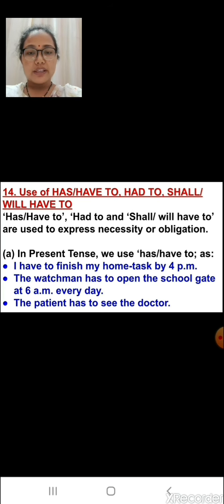I repeat again, these all modals are used to express necessity or obligation. In present tense, we use has to, have to, as in I have to finish my home task by 4 p.m. The watchman has to open the school gate at 6 a.m. every day. The patient has to see the doctor.